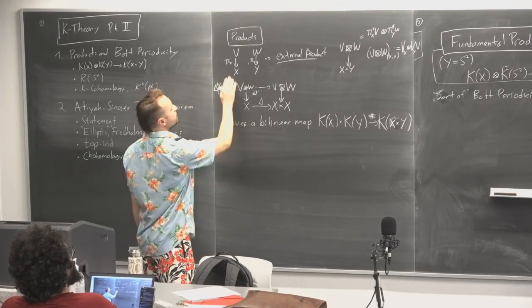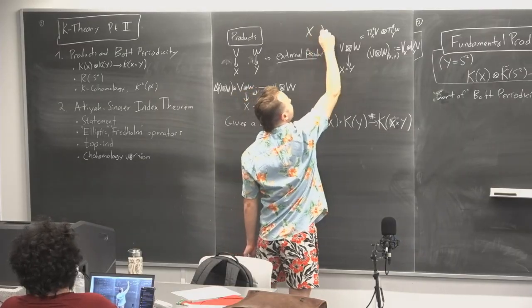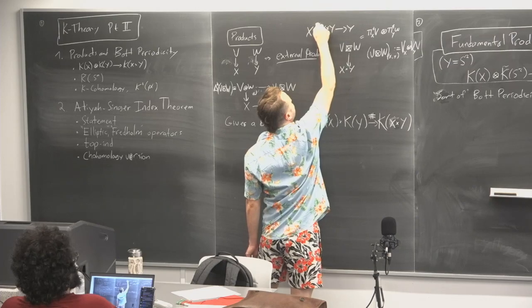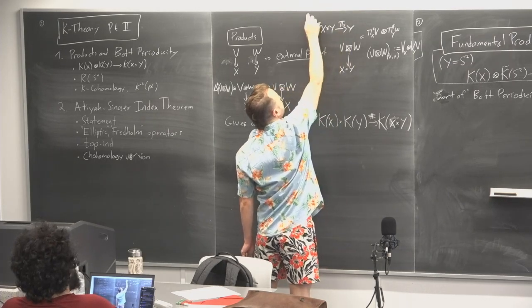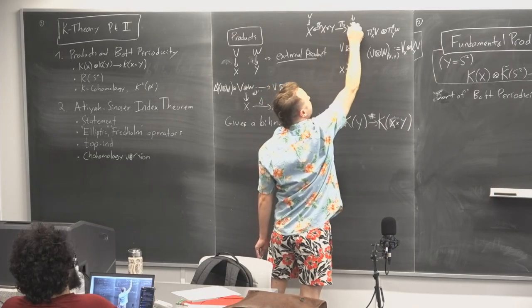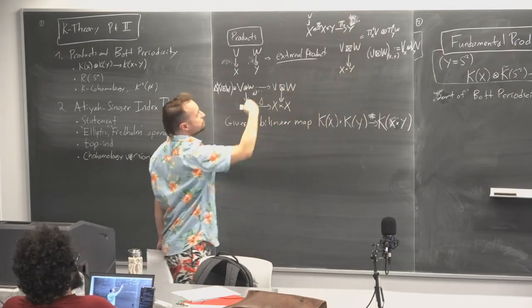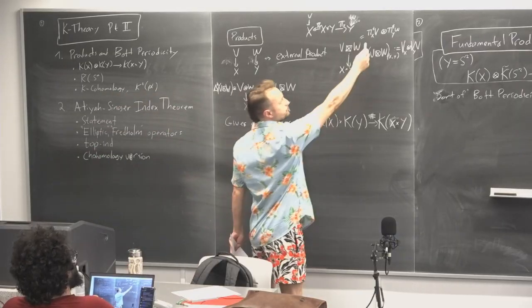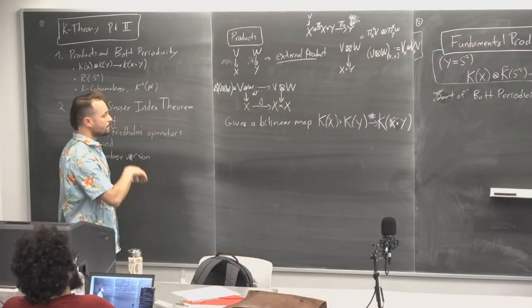I want our projection maps to go like this: pi X, pi Y, have a V, have a W. Right, so each of those two factors you can pull back to the product of X and Y and just tensor those two bundles together. That's what we're going to call box times.